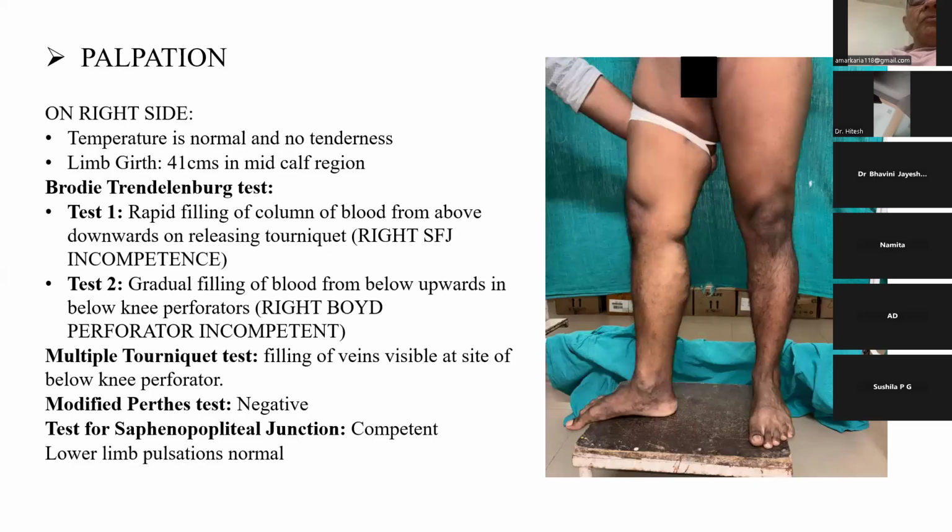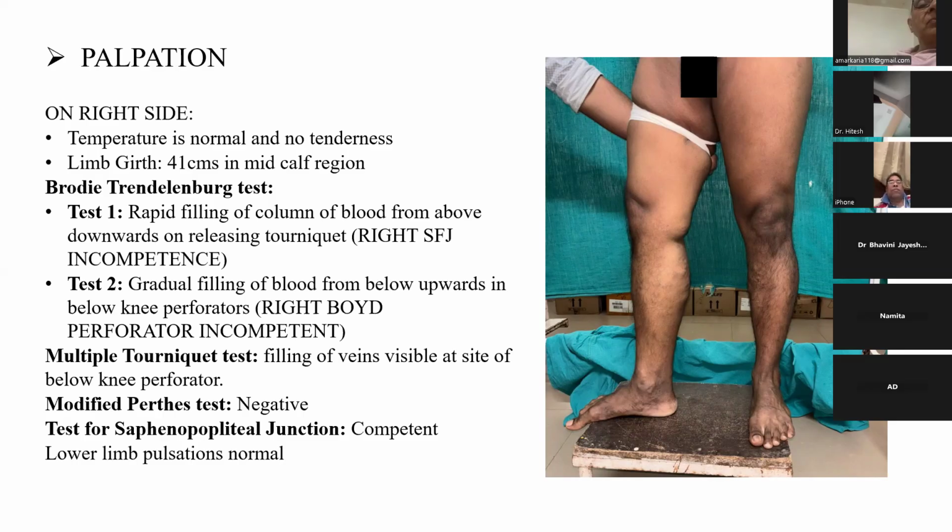So what does the first part of the test tell you? The first part tells about the right saphenofemoral junction incompetence. That was with your thumb or tourniquet on, isn't it? Yes, ma'am. Did you see any filling of veins after removing the tourniquet? Yes, ma'am. There is a rapid filling of blood from above downwards.